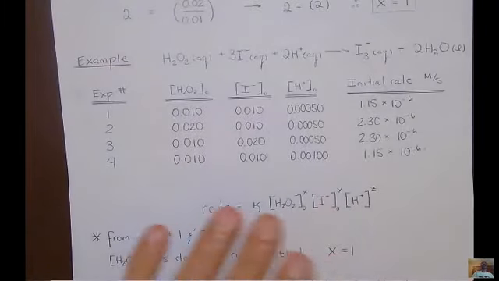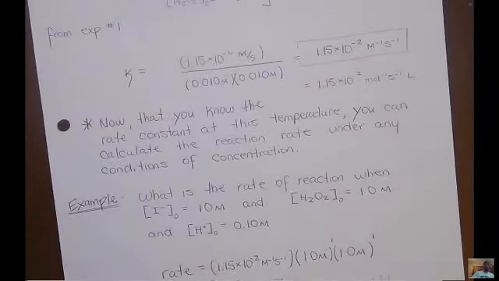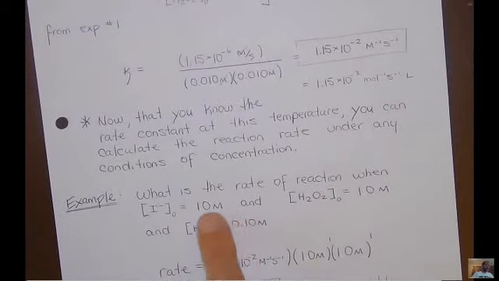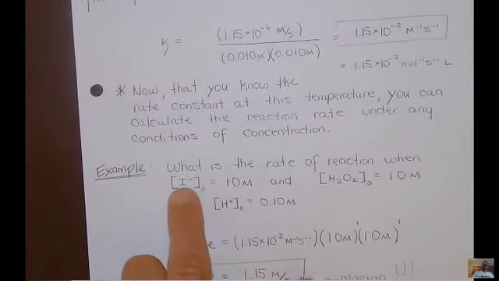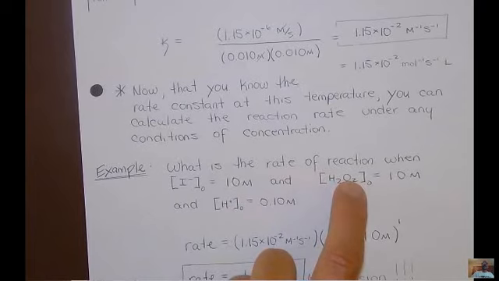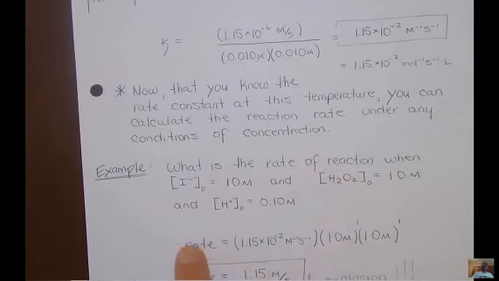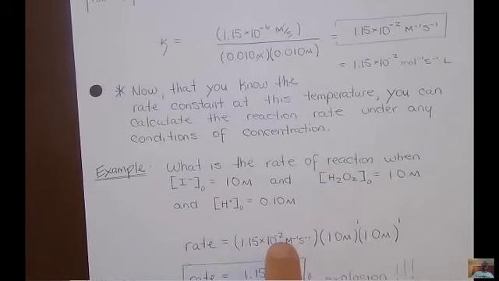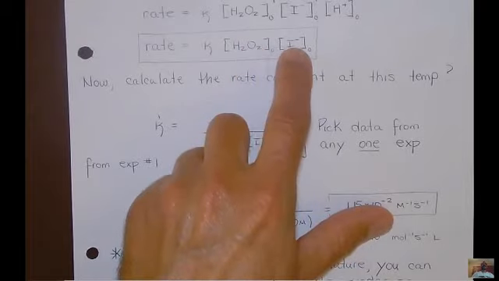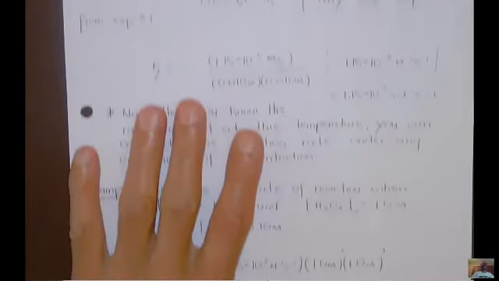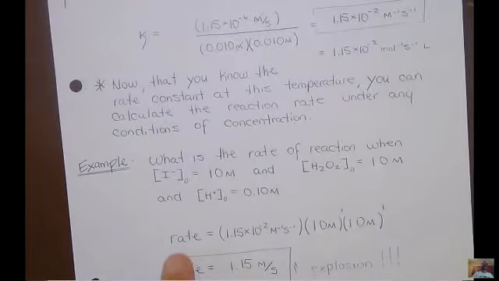But let's plug them in and see what happens if I put together 10 molar iodine with 10 molar hydrogen peroxide. Okay, we know the rate is equal to the rate constant times the concentration of peroxide times the concentration of iodine. So at that particular temperature, this is how fast it would react.